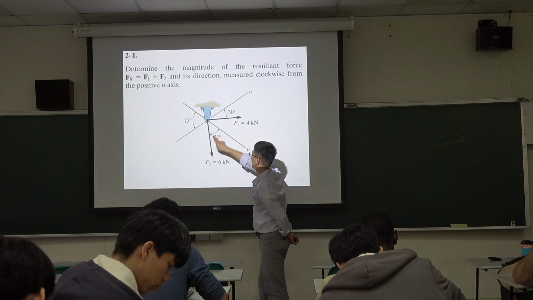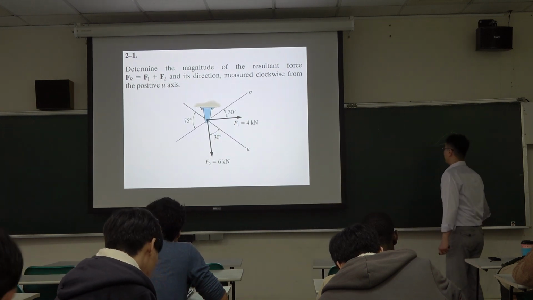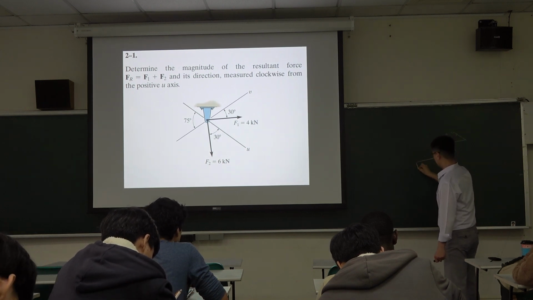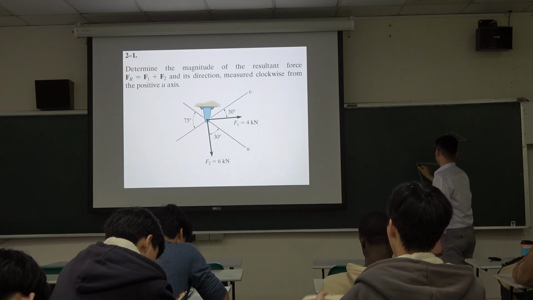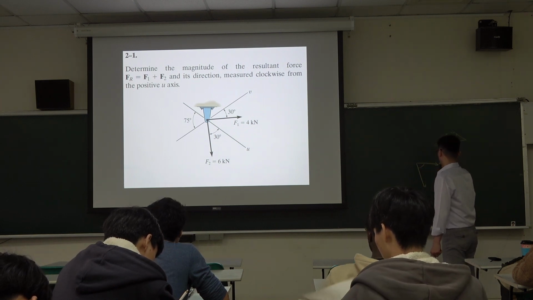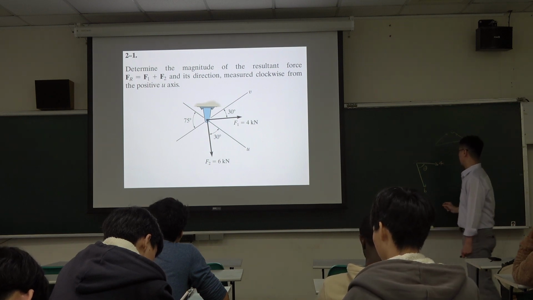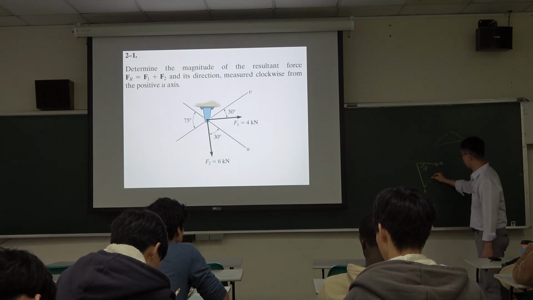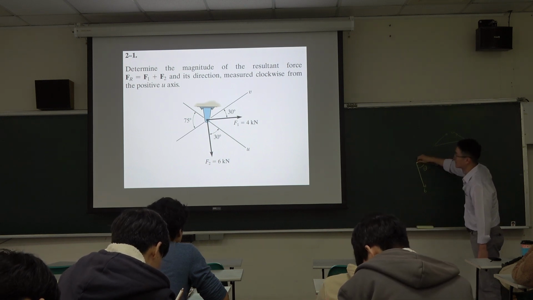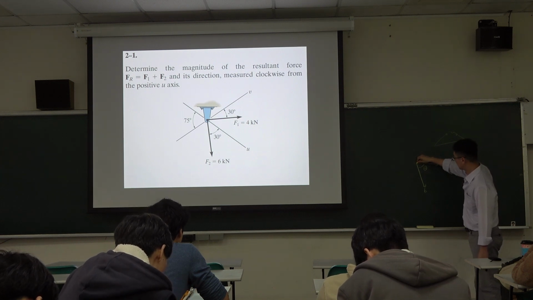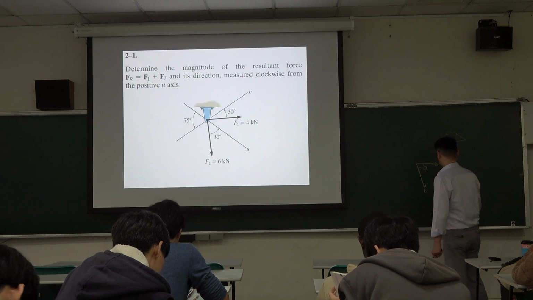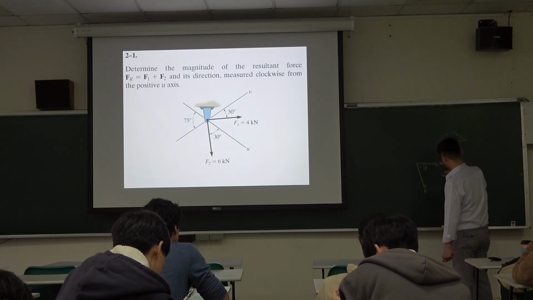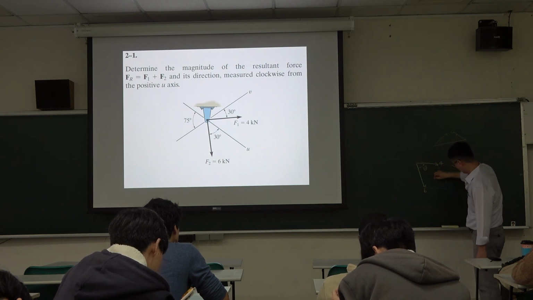And then we know the magnitude here. So that means, theoretically, its resultant should be here.